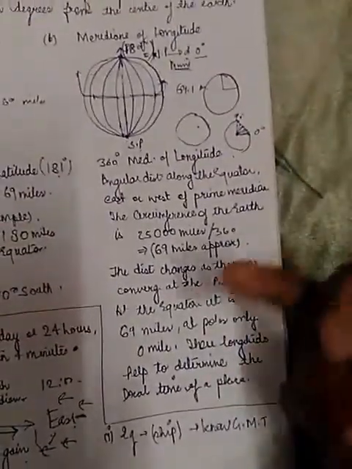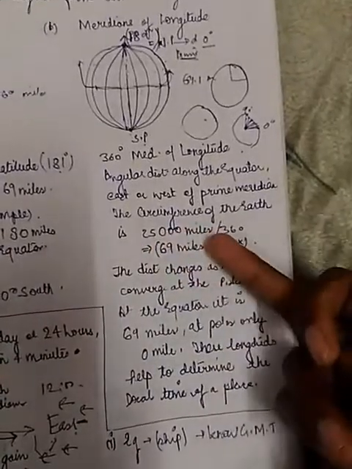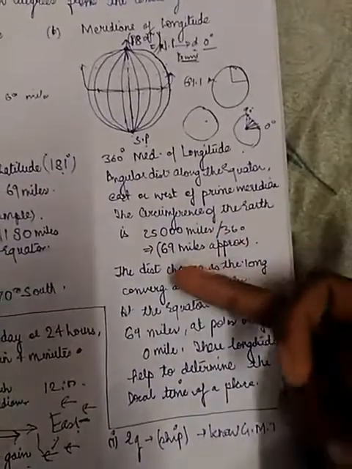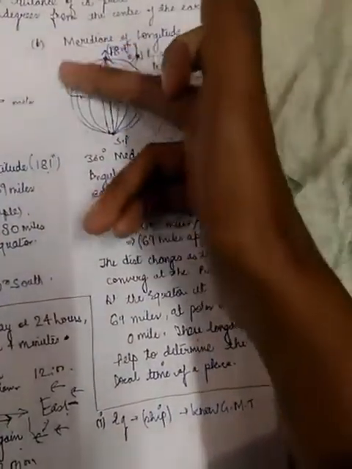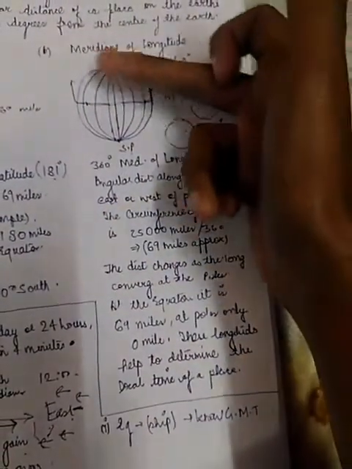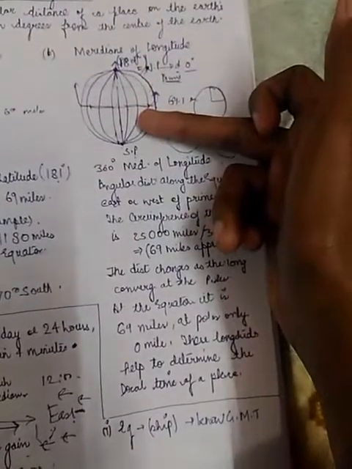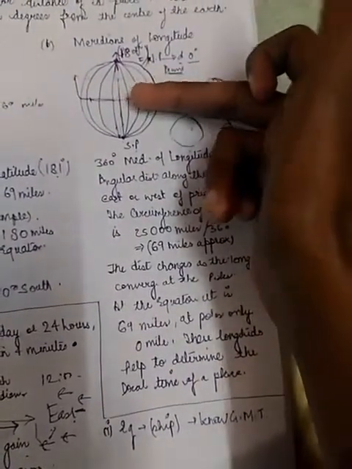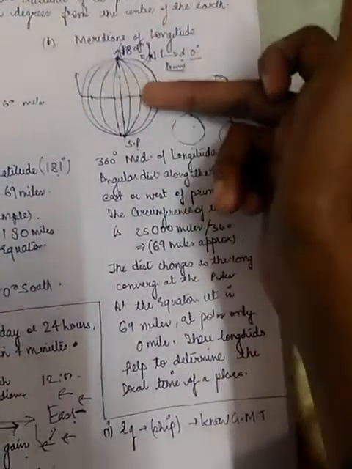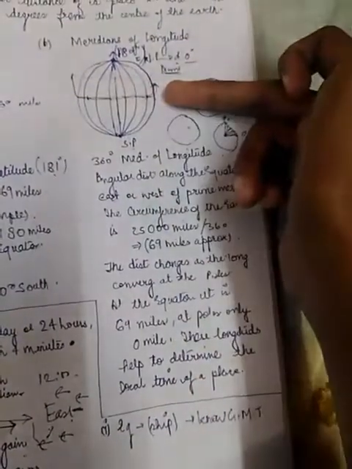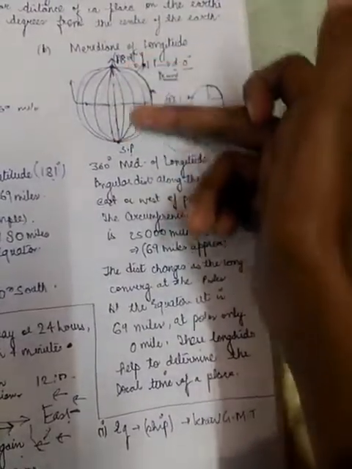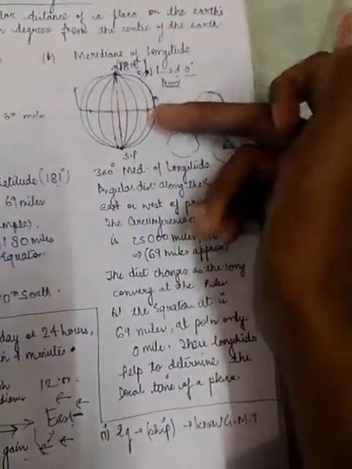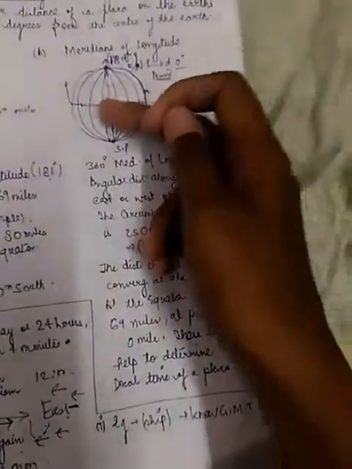Now we divided this 25,000 miles by 360, so we got 69 miles. That means we can get the distance between each meridian of longitude: the circumference of 25,000 miles divided by 360 meridians of longitude. So the distance between each is approximately 69 miles.